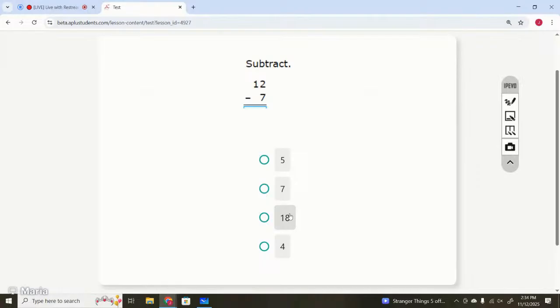Okay, 12 take away 7, which is the correct option? 12 take away 7 is 5. Option number 1 is the correct option.